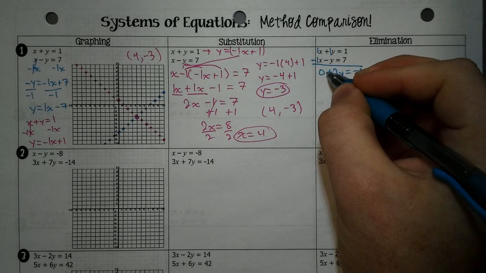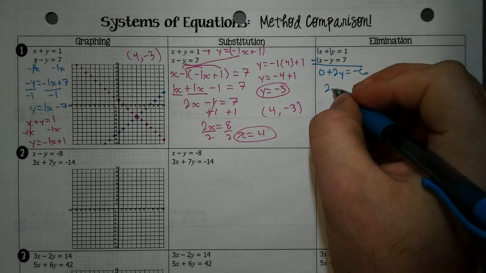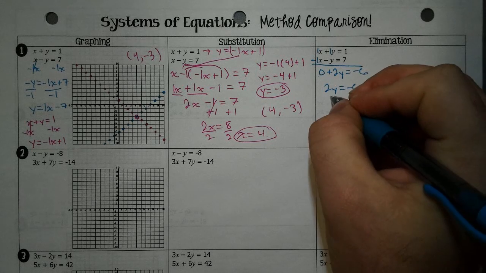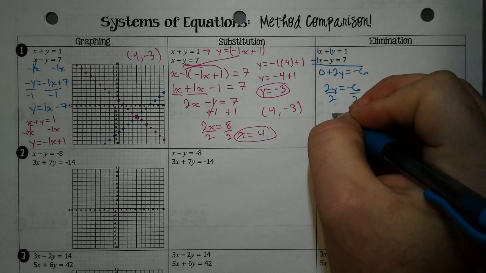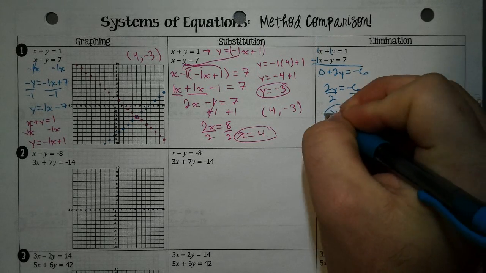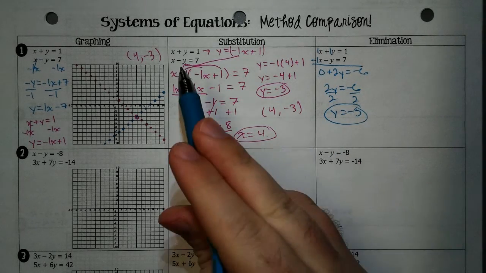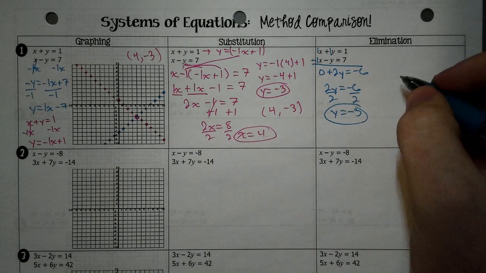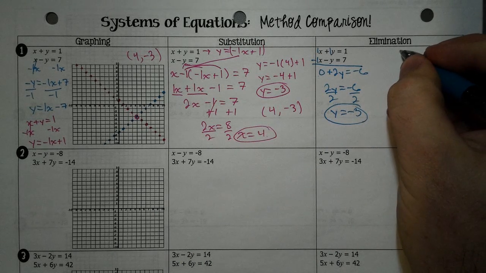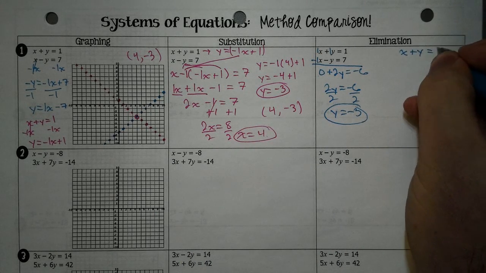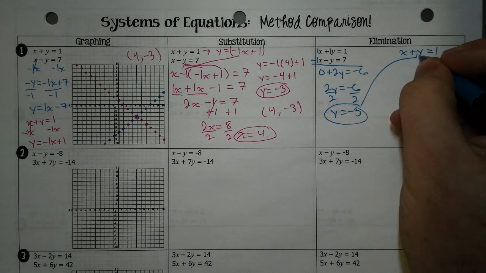We don't need this 0x anymore, so bring everything down. 2y equals negative 6, and then divide by 2. Y equals negative 3. Halfway done. And so far so good, because we got negative 3 for our y on the other two. Now go back and plug it in. So x plus y equals 1, and we're going to plug in negative 3 for that y.